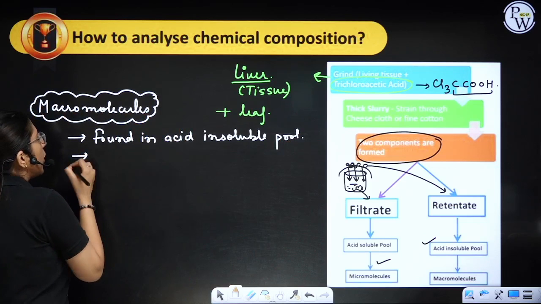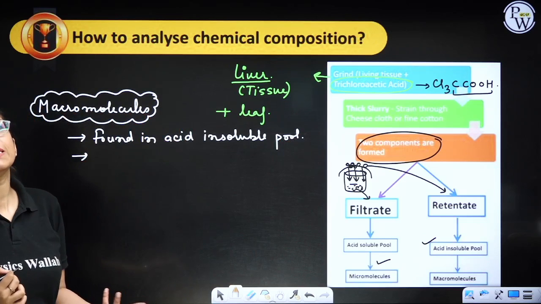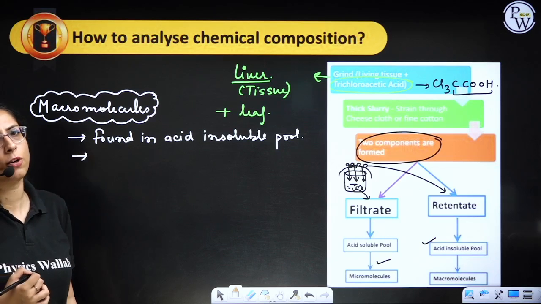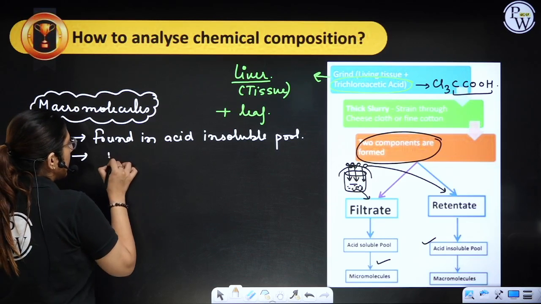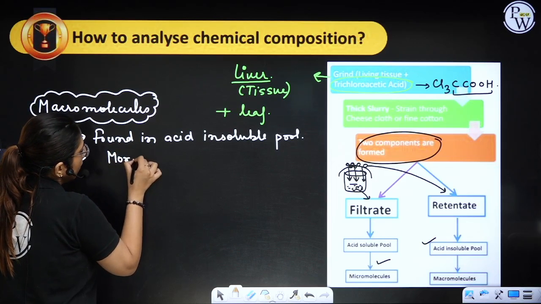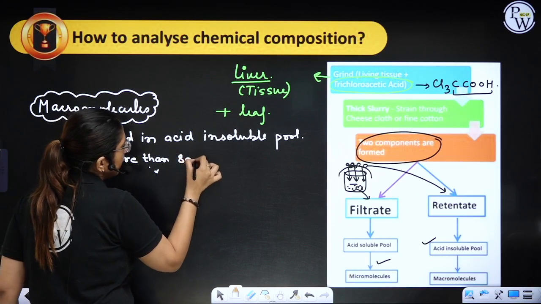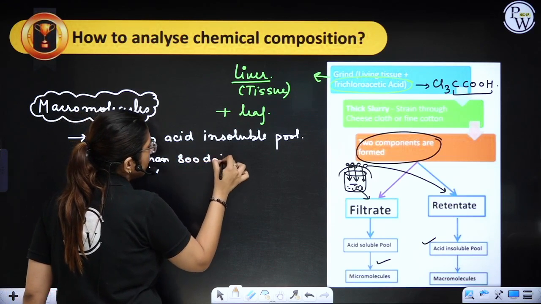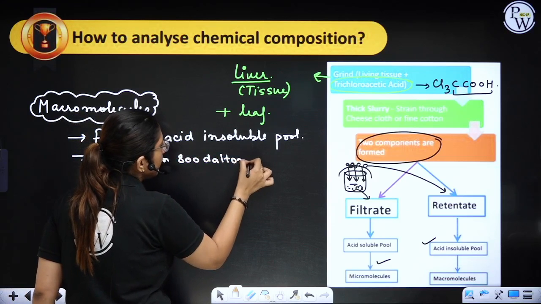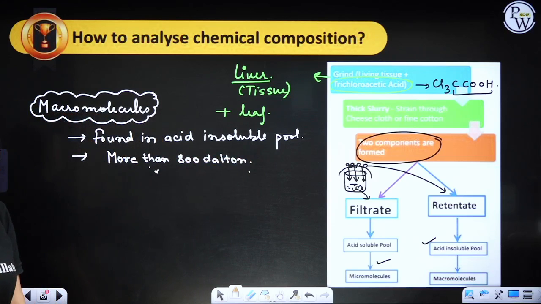The second point is that their size is bigger compared to micromolecules. Their size is more than 800 Dalton. Dalton is a unit, right? If the size is more than 800 Dalton, we are talking about a macromolecule.